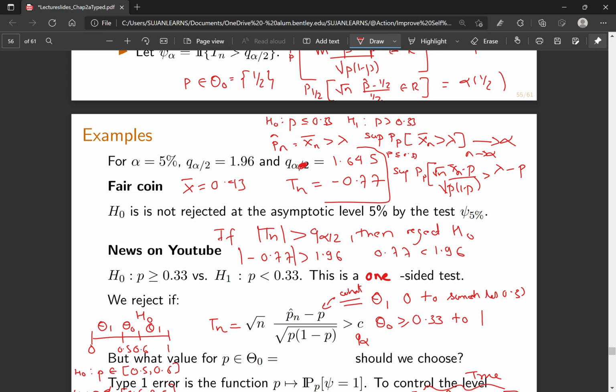So that's why we need to do it on both sides. P1 minus P, and still it tends to alpha. So this expression is equal to C. And what is C? It is Q alpha, which is equal to 1.645 in this case, because it's a one-sided test. And lambda here is 0.33.